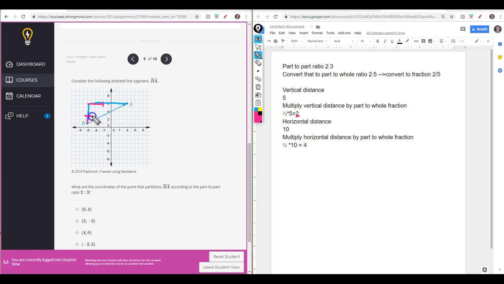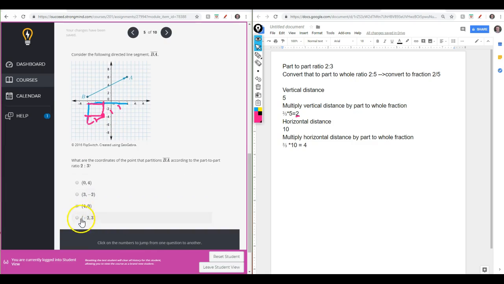So at the intersection of the vertical line and the horizontal line on our directed line segment, that is going to be the coordinates for the point that would partition it into 2 segments compared to a total of 5 segments. There'd be 1, 2, 3 more afterwards, so there would be a total of 5 segments. So this is 2/5 of our distance down this directed line segment. So our coordinates would be -2, 3. So -2, 3.